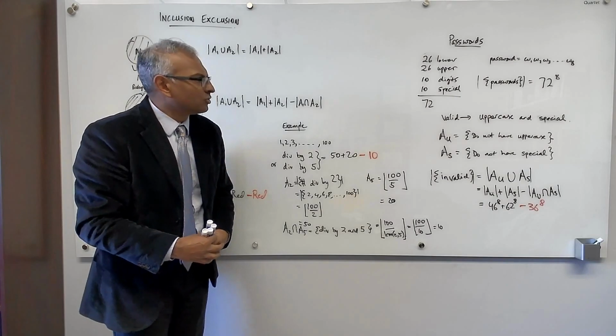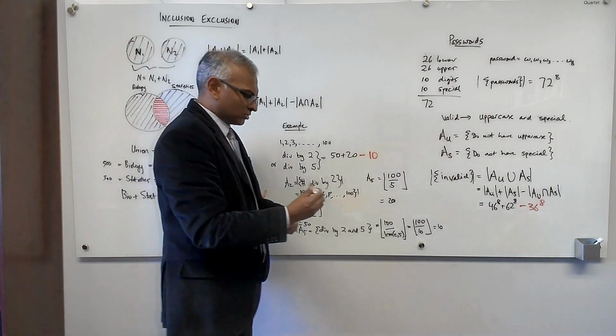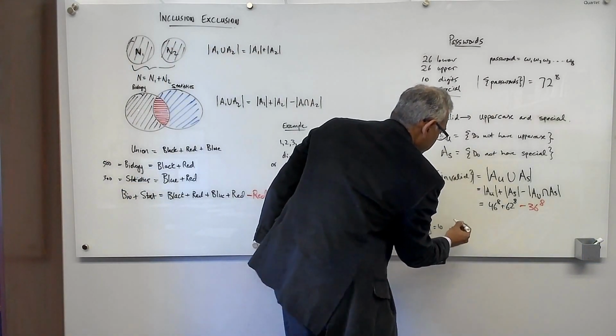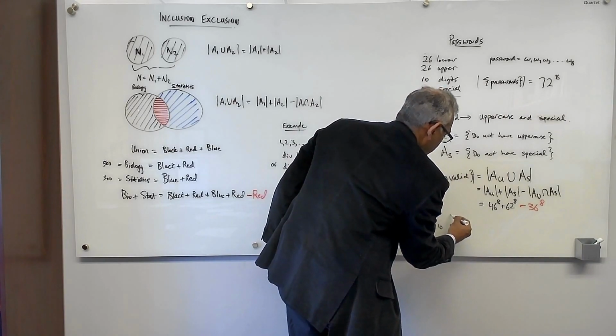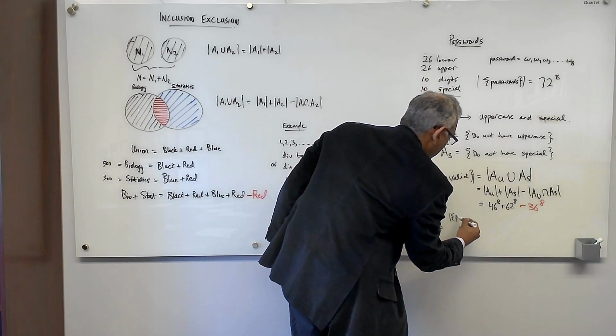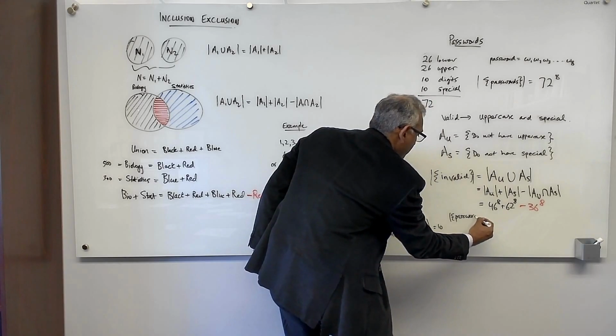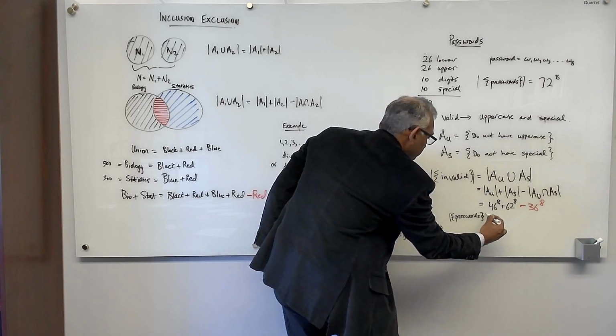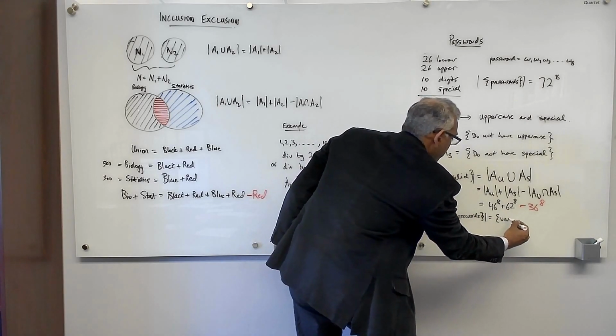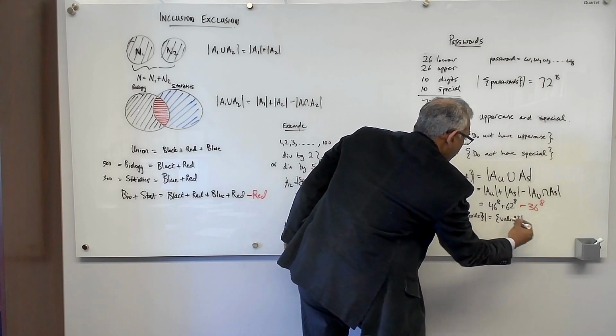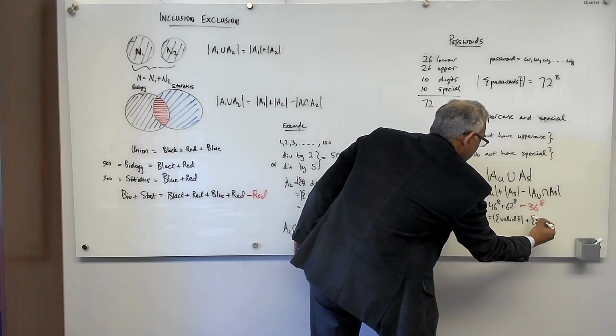And why is that useful? That's useful because we have the sum rule: the total number of passwords is equal to the valid plus the invalid.